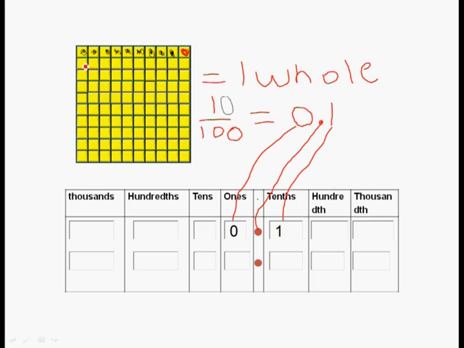Now, what if we were to shade everything? Alright, what if we were to shade everything? Would have shaded what? 1 whole.